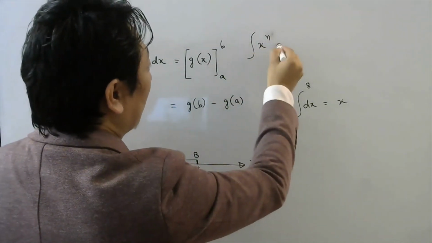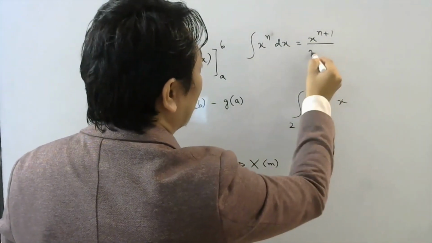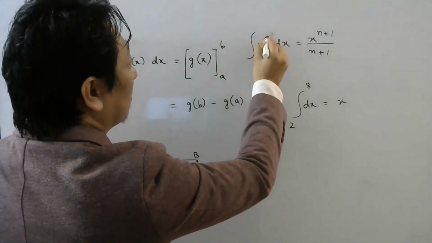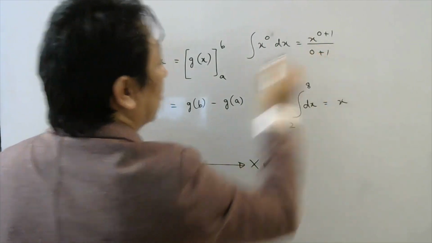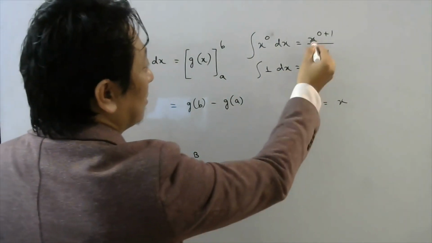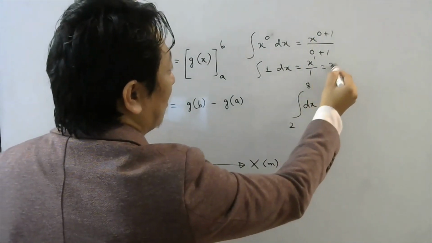Integral of x power n dx is equal to x power n plus 1 divided by n plus 1, isn't it? So if my power is 0, then this will be 0, and we all know x power 0 is 1. So integral of 1 dx is x power 0 plus 1 is x power 1 divided by 1, which is simply x.